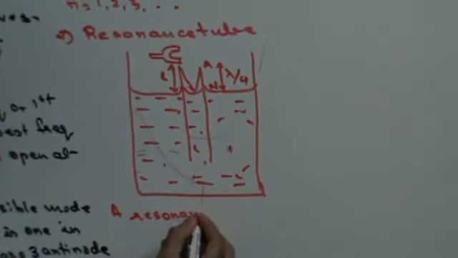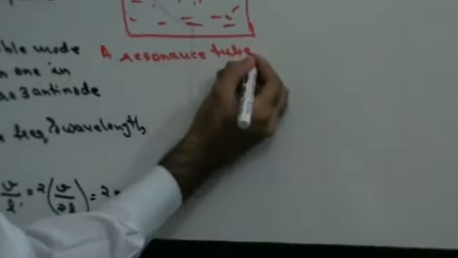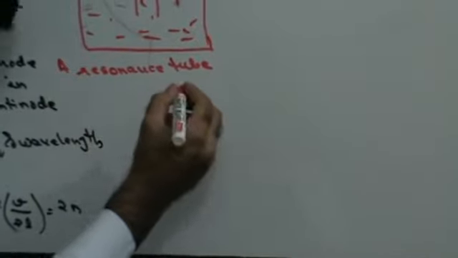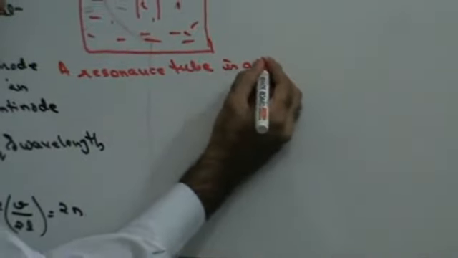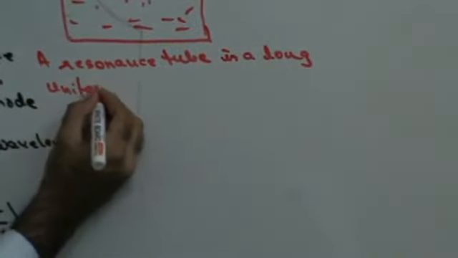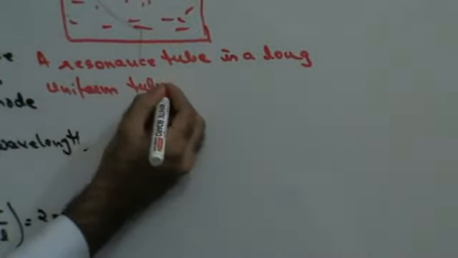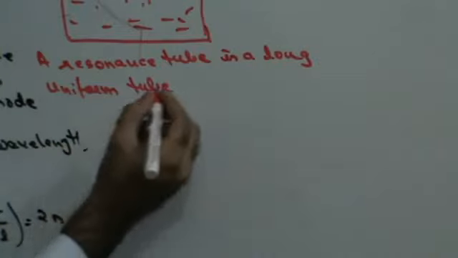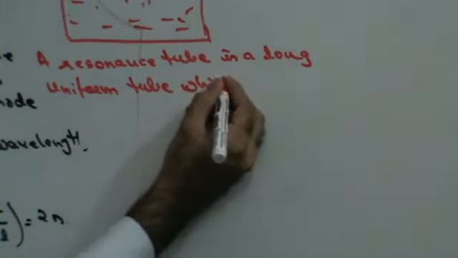Right? Let's write this down. What is a resonance tube? A resonance tube is a long uniform tube which is open at both ends.